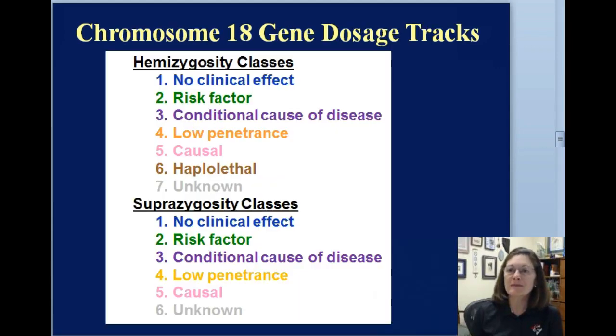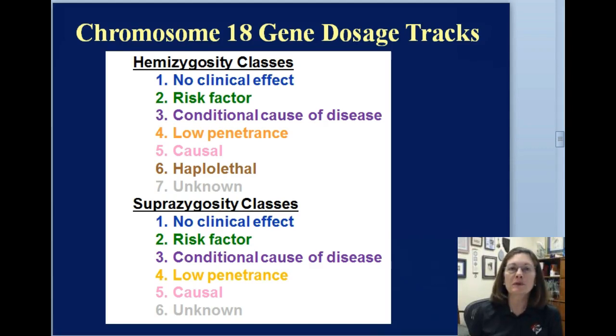Now within the maps, each gene in the gene dosage map is color-coded by what we anticipate at this point in time to be its effect. So in the hemizygosity map, every single gene on chromosome 18 has been, if there's enough information known, given a guess at this point about what its effect will be.